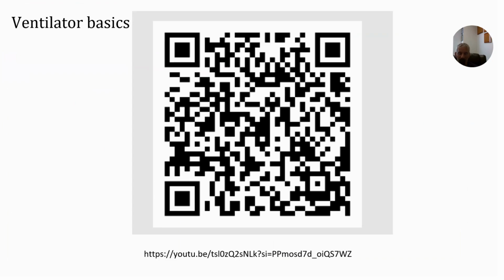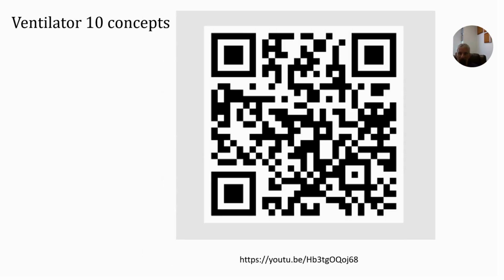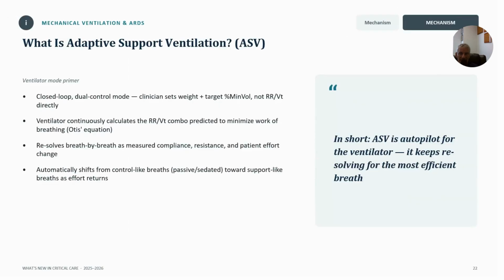Before starting, this is a nice review of ventilator basics, beyond the basics, and then the ventilator concepts, if you want to review that. But what is adaptive support ventilation, before we see some of the newer articles? It's a closed-loop dual control mode. What does that mean? You set a weight and a target minute ventilation.